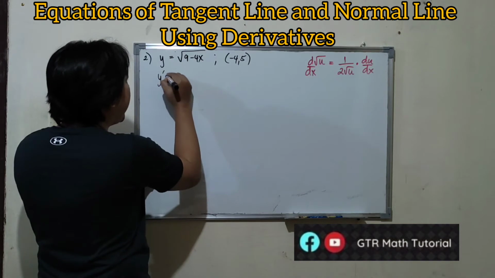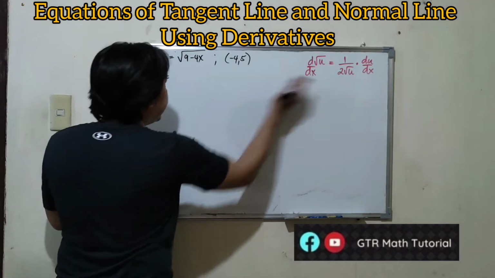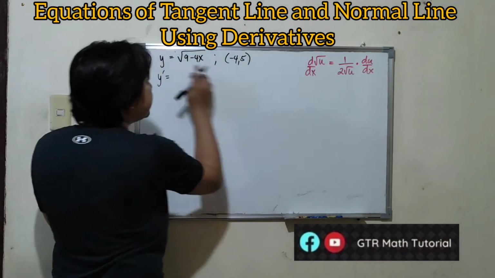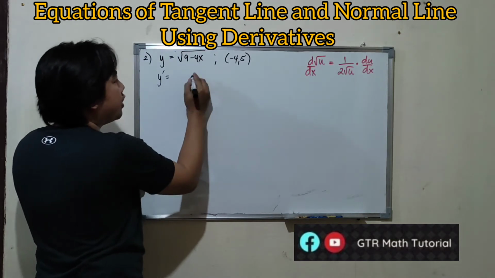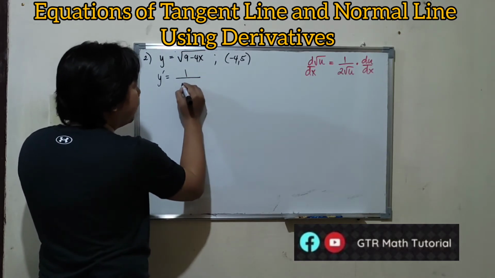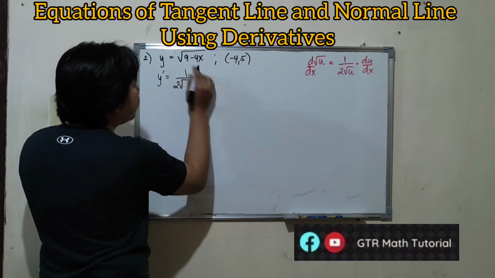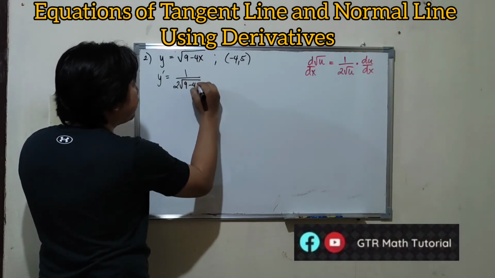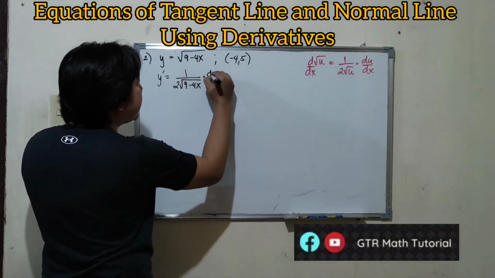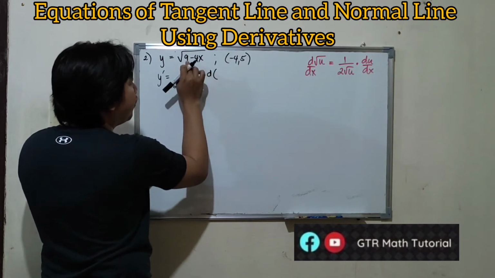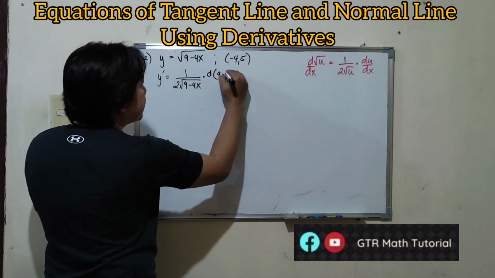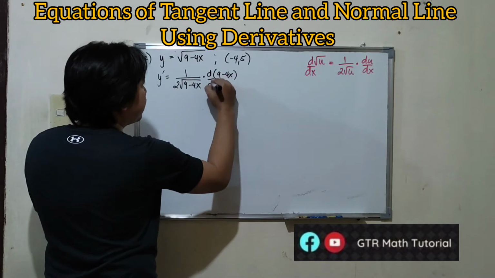So y prime is equal to 1 over 2 square root of 9 minus 4x times the derivative of 9 minus 4x with respect to x.